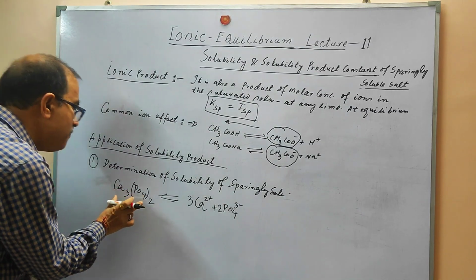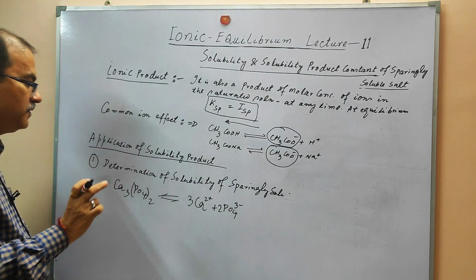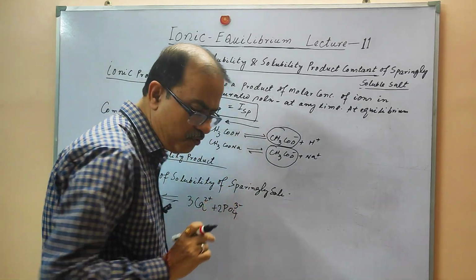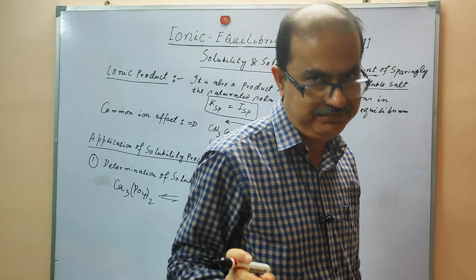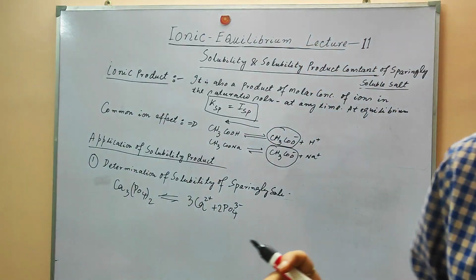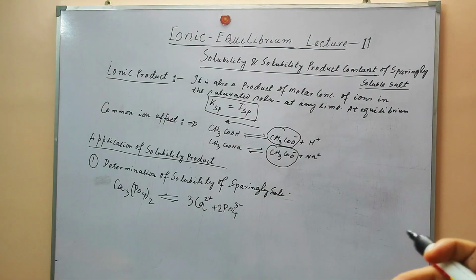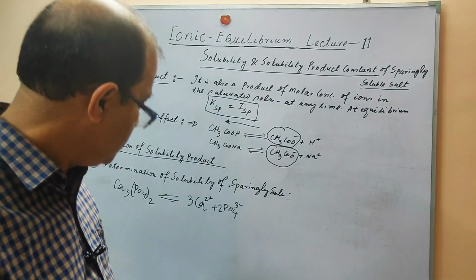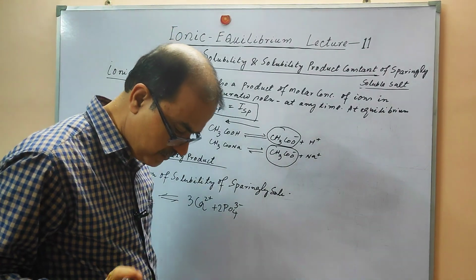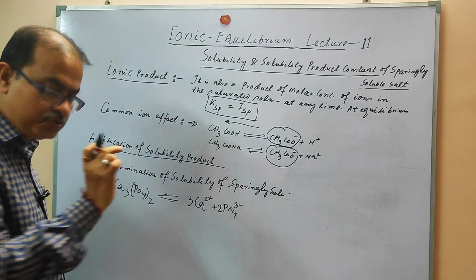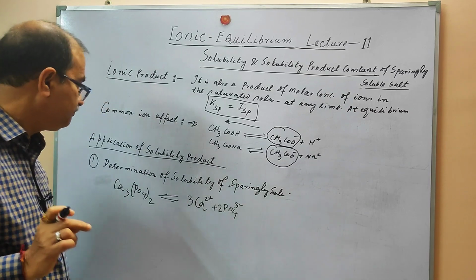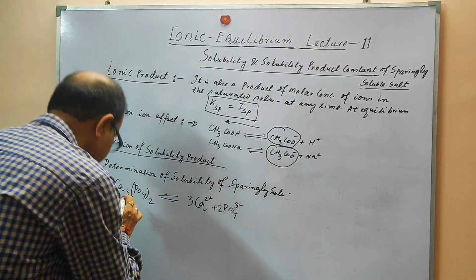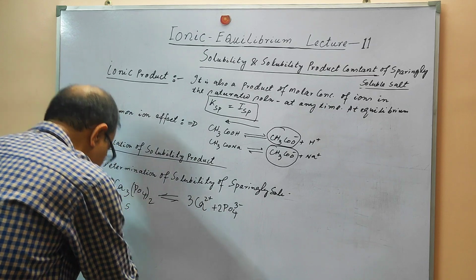So you can see from this one molecule of calcium phosphate, you have these 3 calcium ions and 2 phosphate ions. Suppose the solubility of the calcium phosphate is S mole per liter.